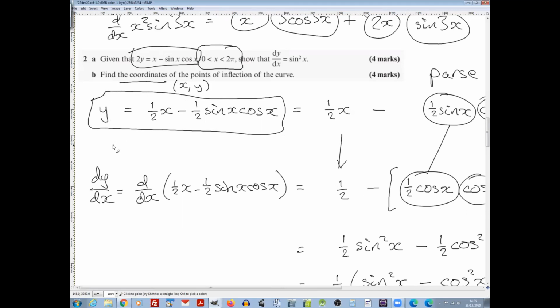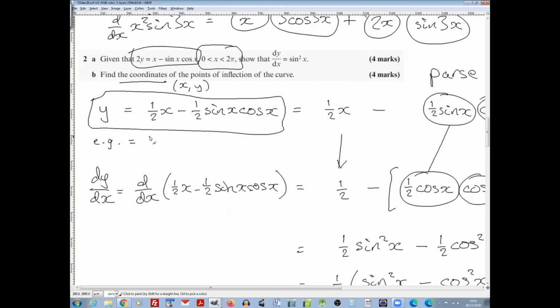Taking them each in turn, if x is pi over 2, the y value would be half of that. What's half of pi over 2?